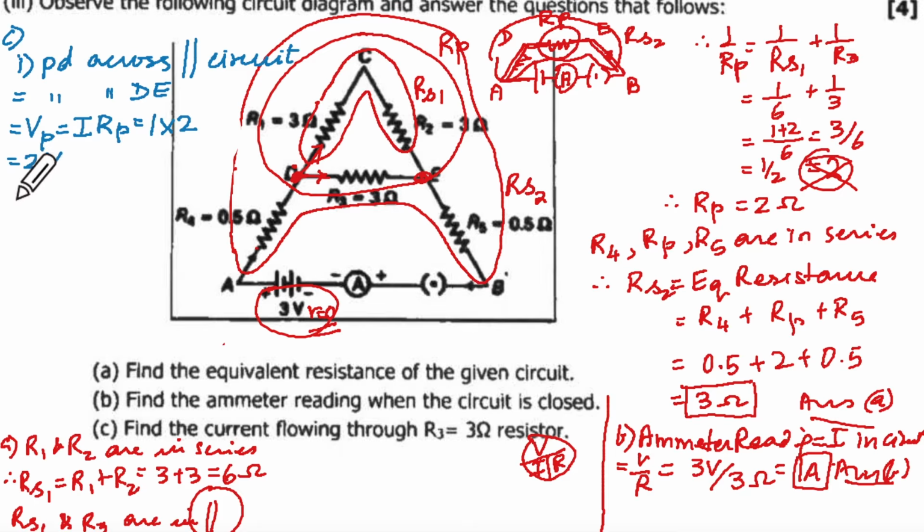Then your second step will be I through 3 ohm will be equal to, let us say, I1, and that will be equal to VP upon R3. How much is VP? 2 volt. How much is R3? 3 ohm.